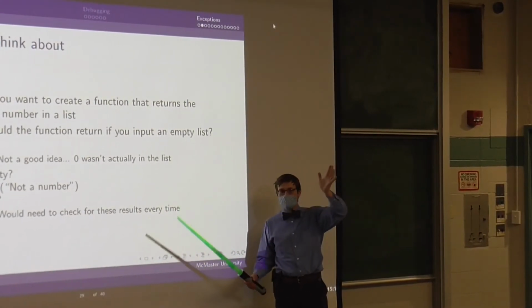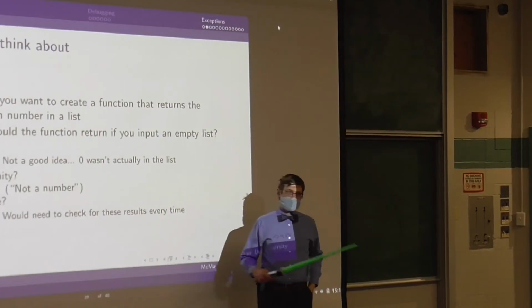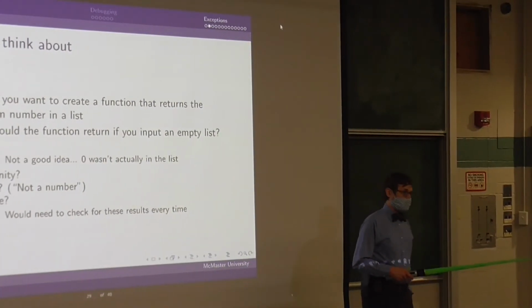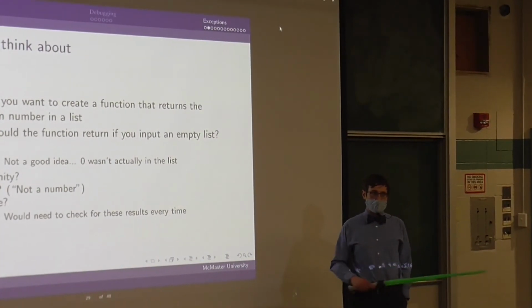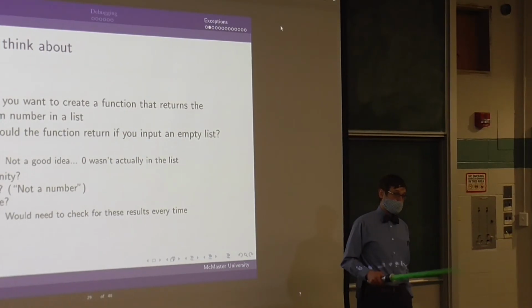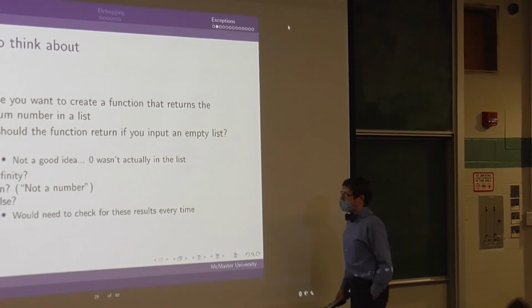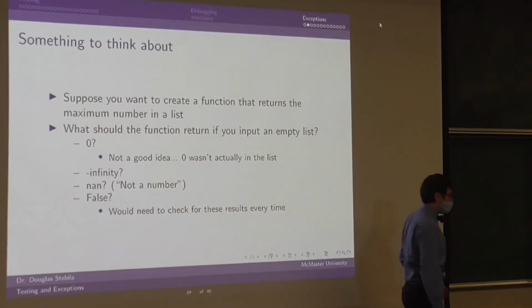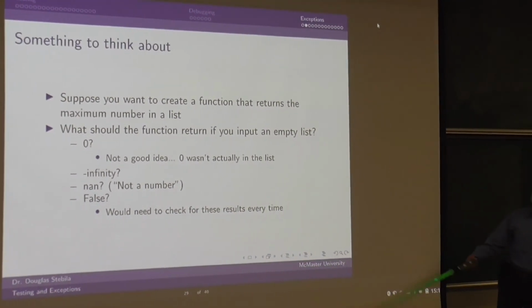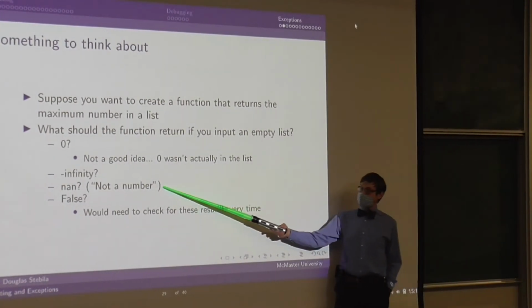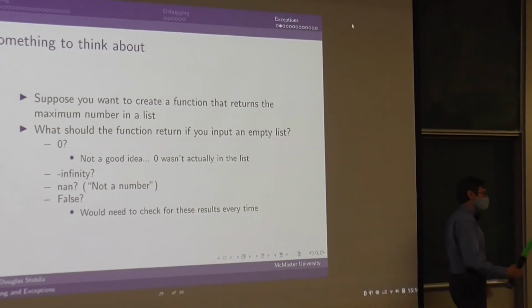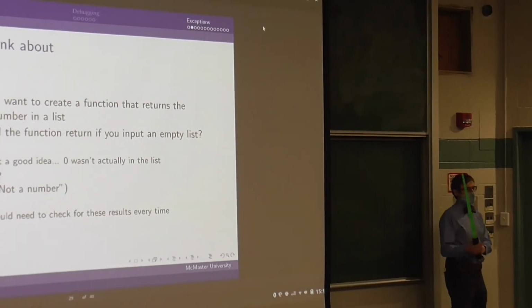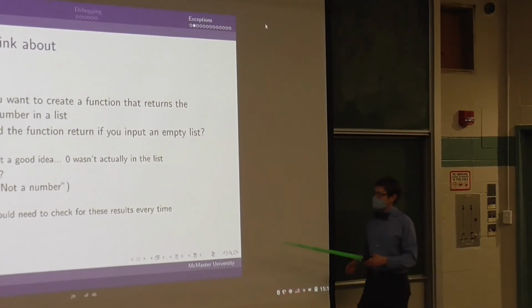You can think of the list -3, -2, 0, -1: the correct maximum of that is 0. Infinity? No. Some programming languages have a not a number value, which is closer, but that still might be valid in some cases.